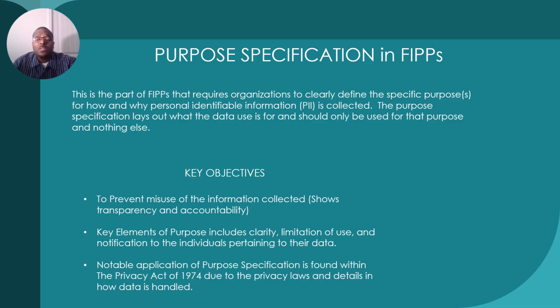The key elements include clarity, limitation of use, and notification to the individuals of their data being used. And a notable implementation of purpose specification is the Privacy Act that was created in 1974. It changed how data was handled and used for individuals.